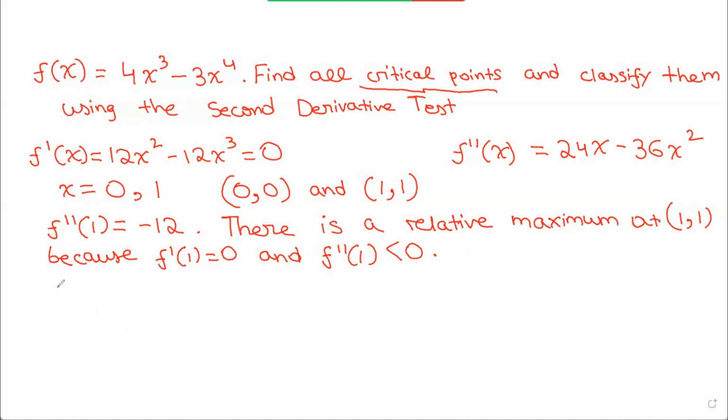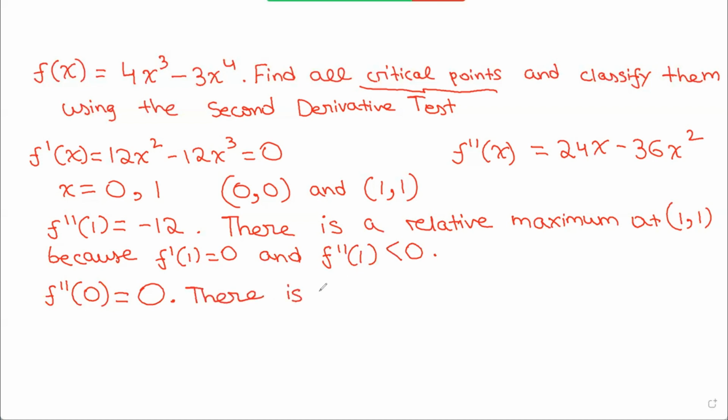Now let's find f double prime of 0. If we substitute it in f double prime of x, we get 24 times 0 minus 36 times 0, which is just 0. And remember what we said: when f prime of c is equal to 0 and f double prime of c is also equal to 0, no conclusion can be reached.